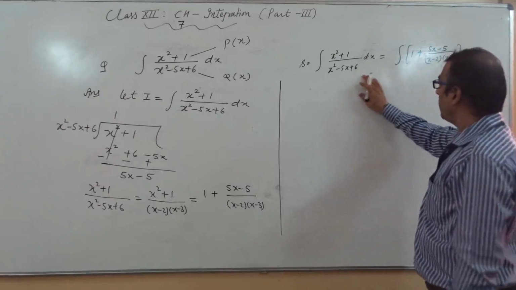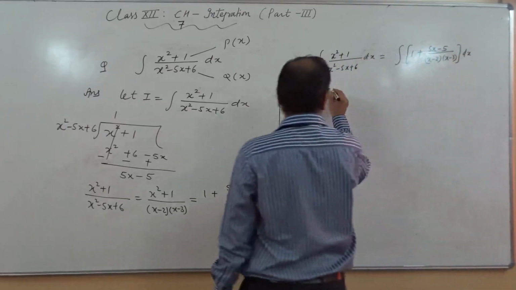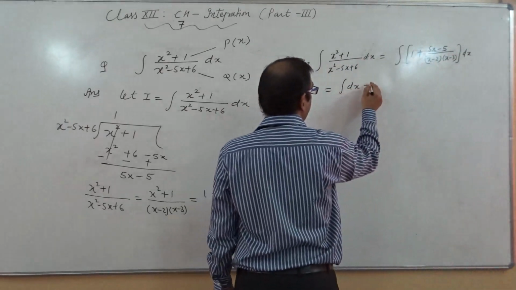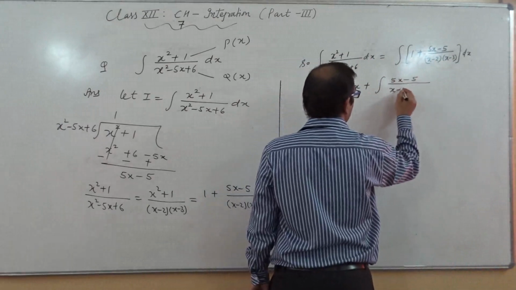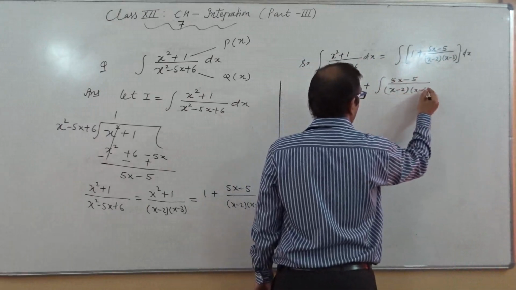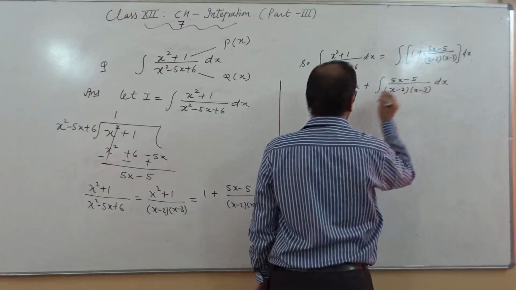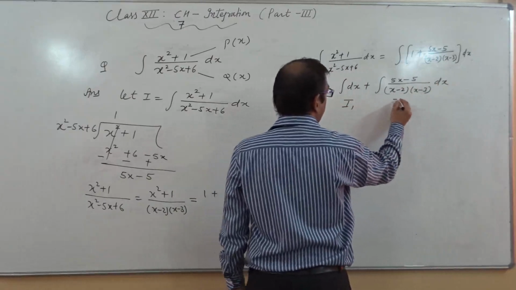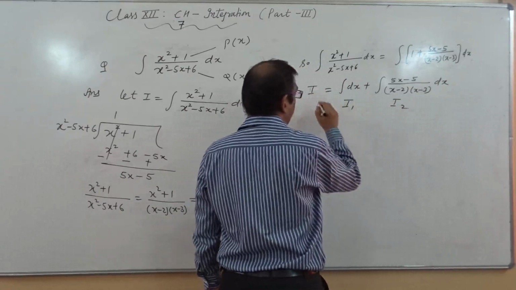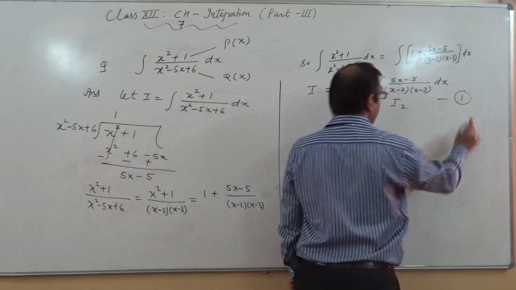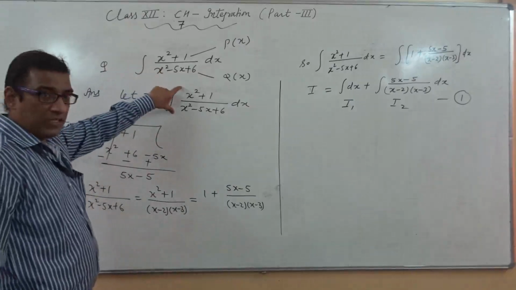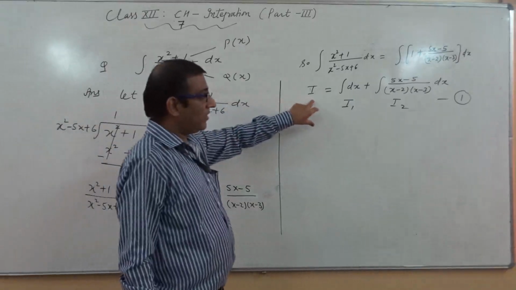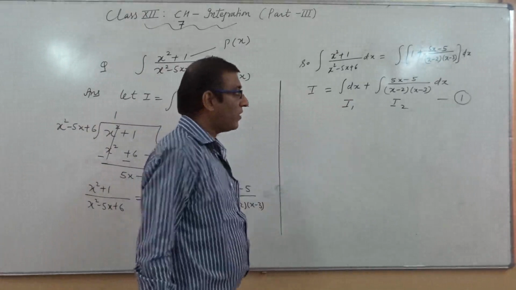This is your I. So we will convert this I into I1 and I2. This is our I1 and this is our I2. We will put this as equation number first. It means the given function can be written as I = I1 + I2.